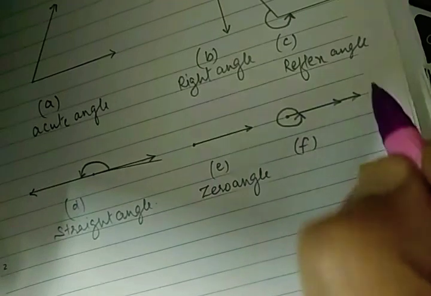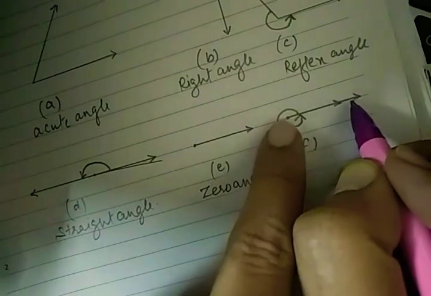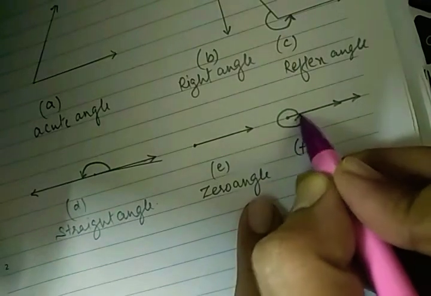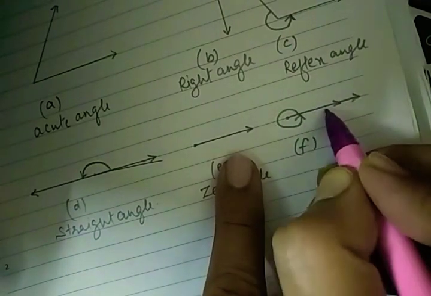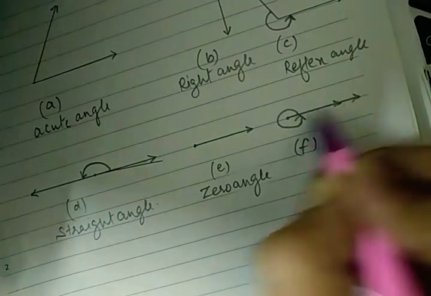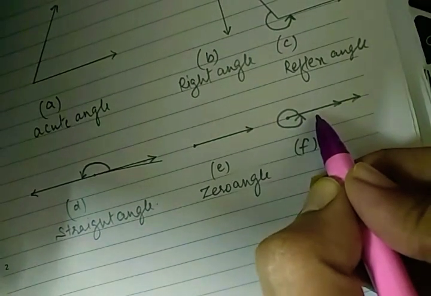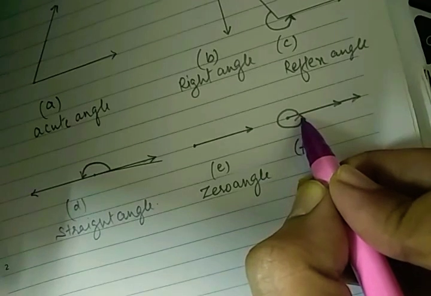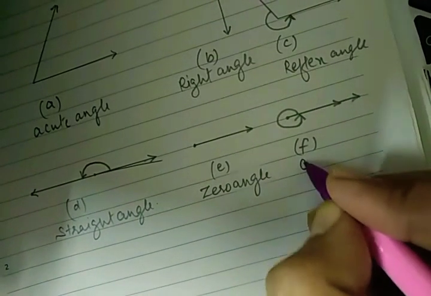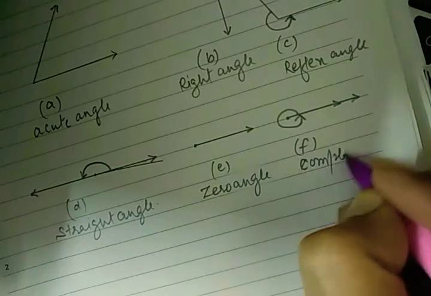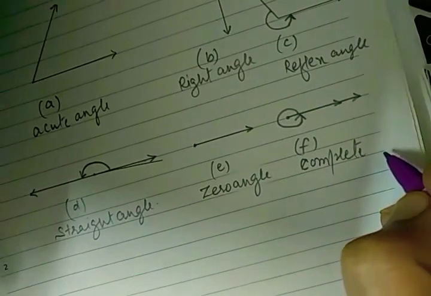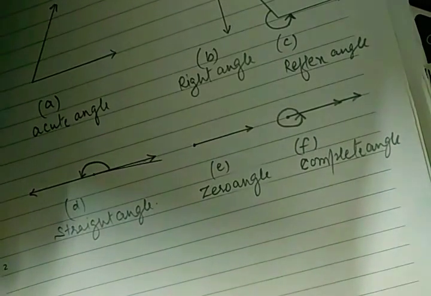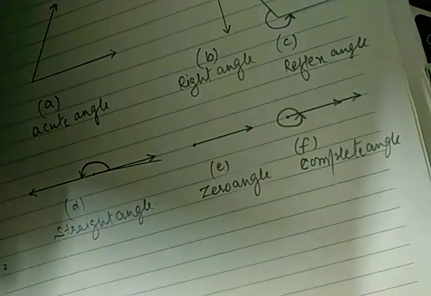That means it has started from the same ray and completed one rotation and came back to the same position again. So when your initial and terminal arm are in the same position, that means they have completed one rotation. So this is called a complete angle. Is it clear? Because it is of measure 360 degrees.